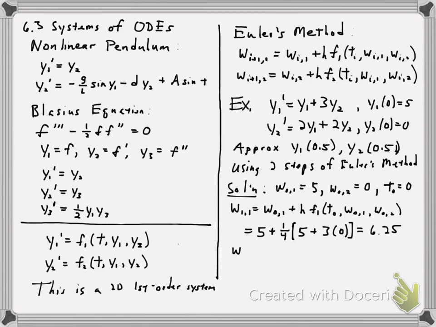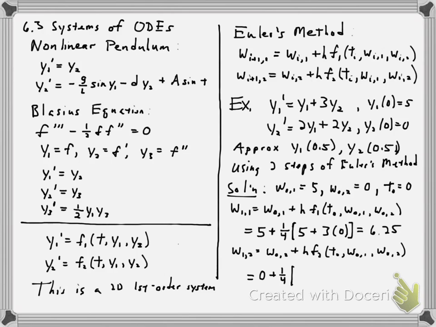W sub 1,2 is equal to w sub 0,2 plus h times f2 evaluated at t0, w01, w02. And so this equals w02 was 0 plus h, which is 1/4, times f2 evaluated at t0, w01, and w02, which is 2y1, or 2 times w01.